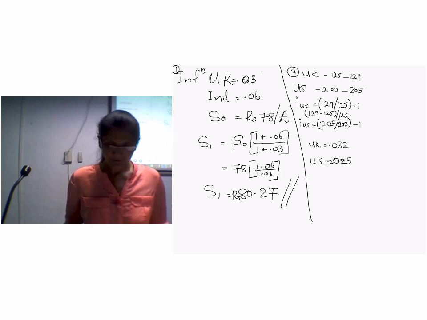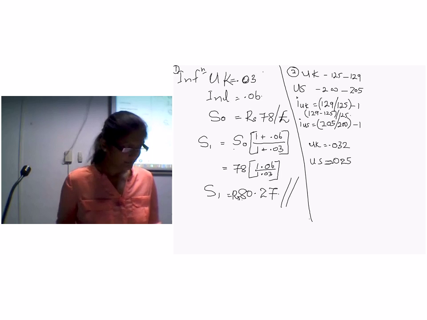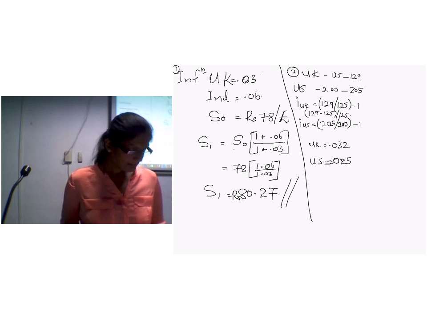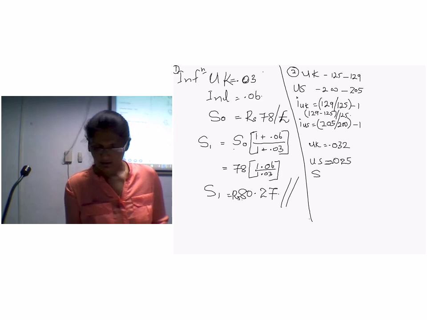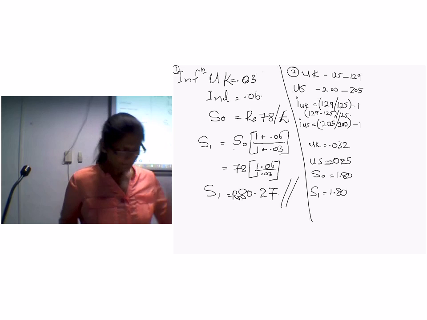Now you have all the required details. What is S0? S0 is given, it is 1.80. You have to find out S1, which is equal to 1.80 times what?